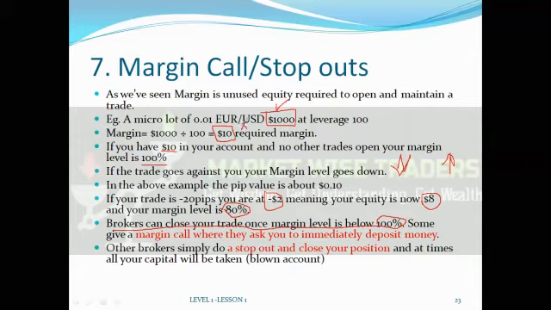You can't open that position. So that's why they can give you a margin call or stop out if you go below 100% margin level. Okay. So this is the most important thing whenever you place a trade, is your margin level.